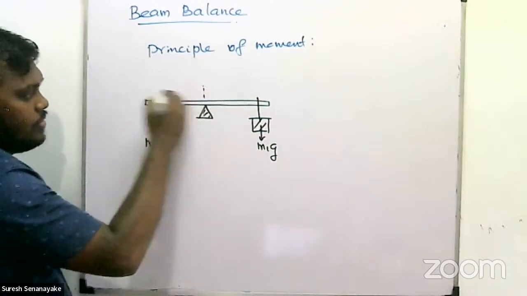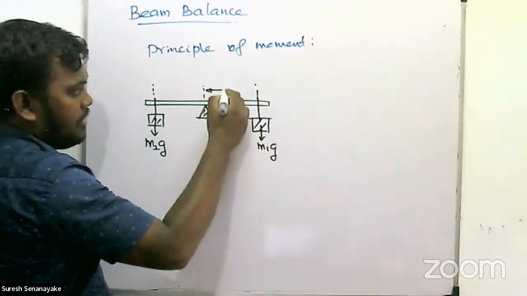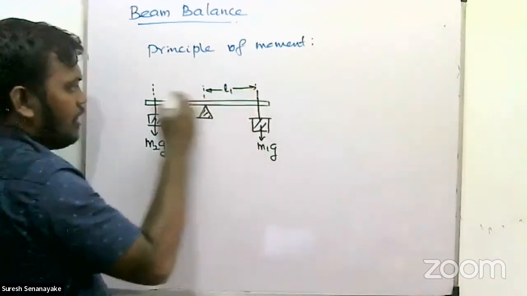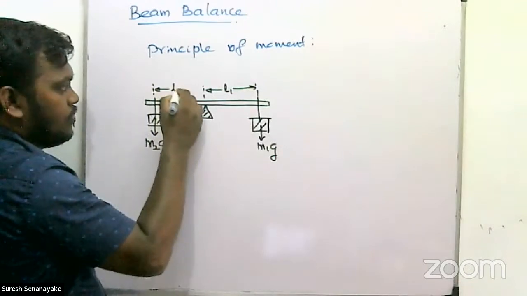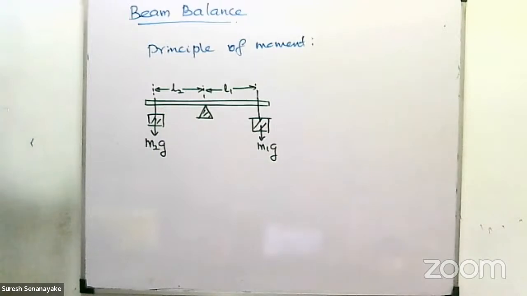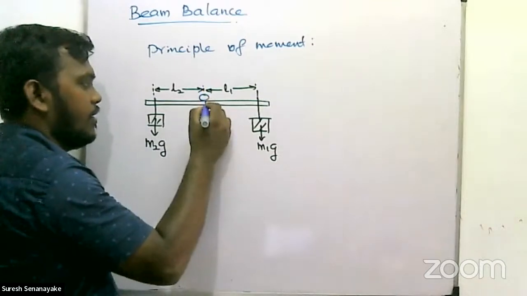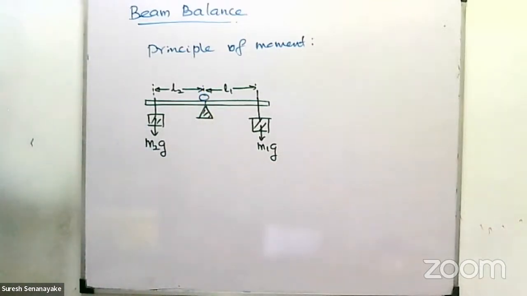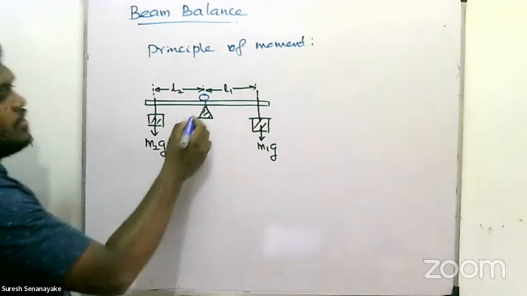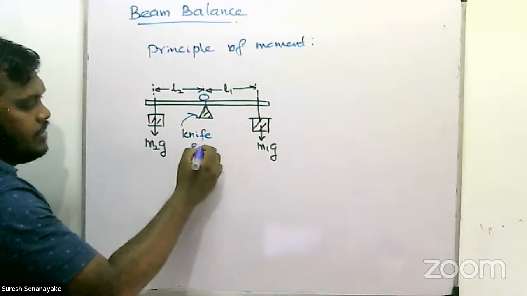And the length from here is, let's say, L1 and this L2. This point I'm considering is O. We balanced it from the point O. We call this a knife edge actually. This is balanced on a knife edge.